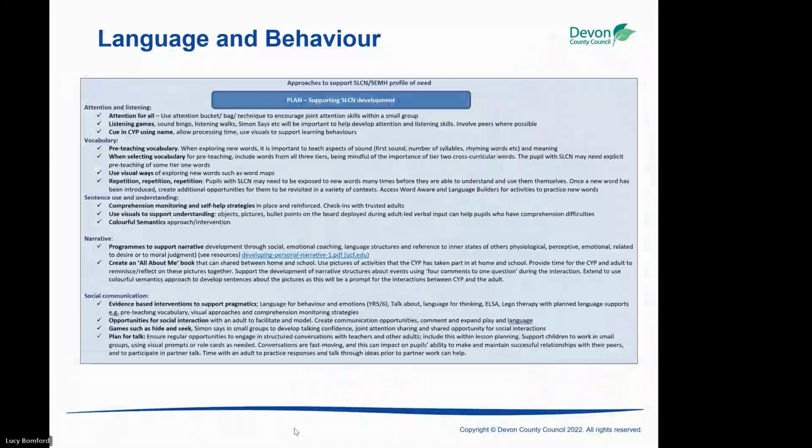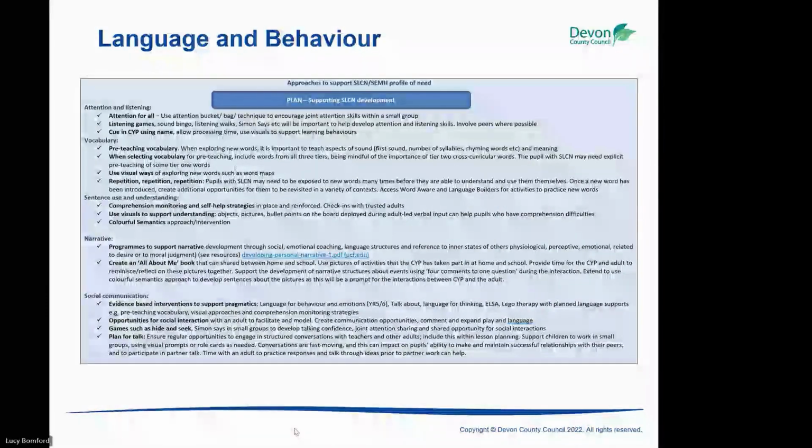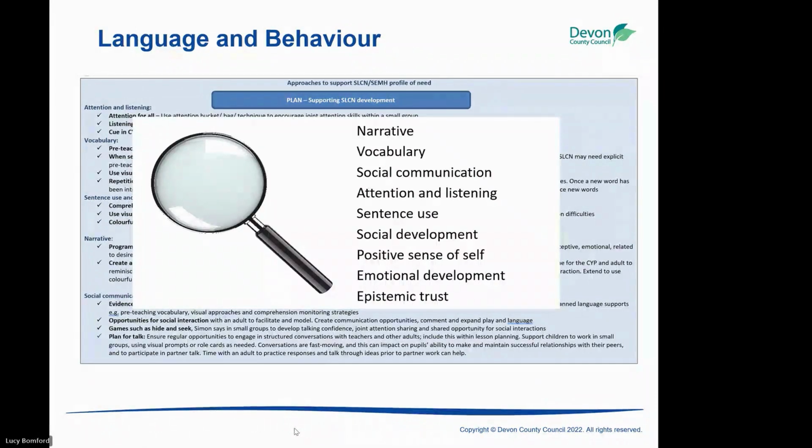As you scroll down further towards the end of the tool, you'll also find lots of information about planning support for both SEMH and language skills. These areas match the headings on the initial screening part of the tool, so they link directly to the areas of difficulty that you've identified.